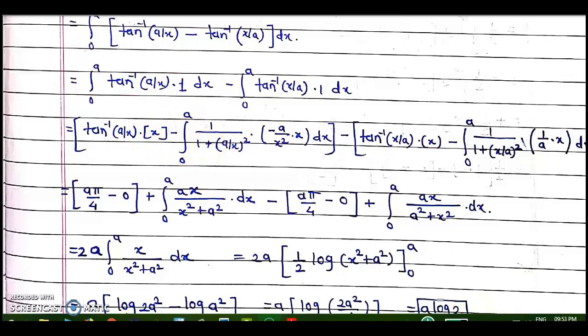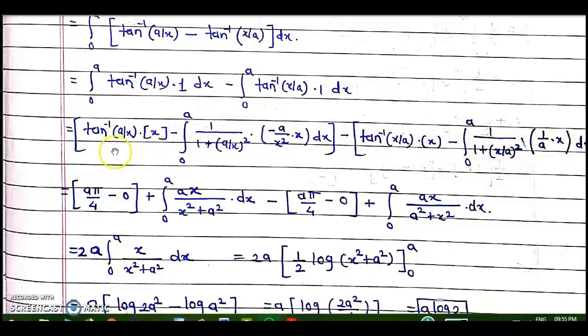Now while taking the derivative of first, x is variable here and a is constant. So the derivative of tan inverse of a by x is 1 upon 1 plus a by x square into the derivative of a by x. So a is constant and the derivative of 1 by x is minus 1 by x square, into the second integral. Similarly, the integral of tan inverse x by a into 1 is tan inverse of x by a first as it is, integral of second minus integral derivative of first into integral of second.